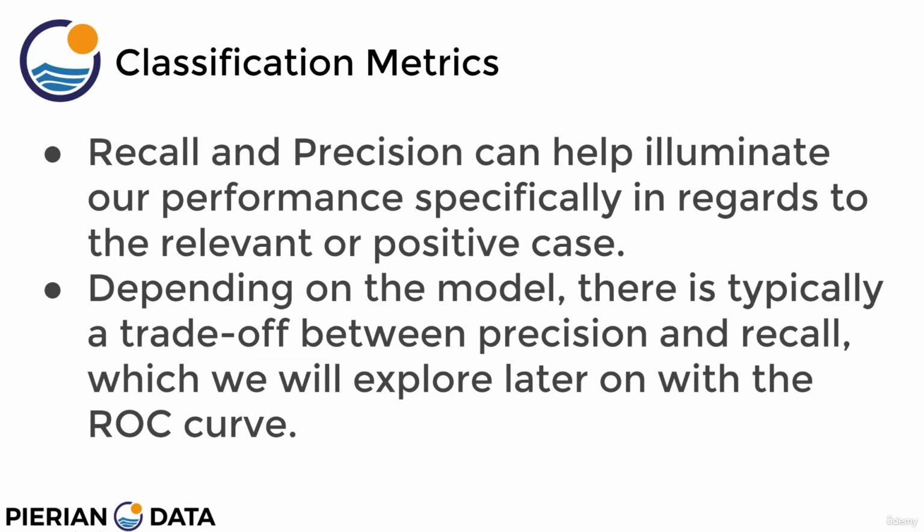So recall and precision can help illuminate our performance specifically in regards to the relevant or positive case. It allows you to know how well you're doing at actually identifying that relevant case. And depending on the model you're using, there's typically a trade-off between precision and recall, which we're going to be exploring later on with something known as the ROC, or Receiver Operator Characteristic Curve.